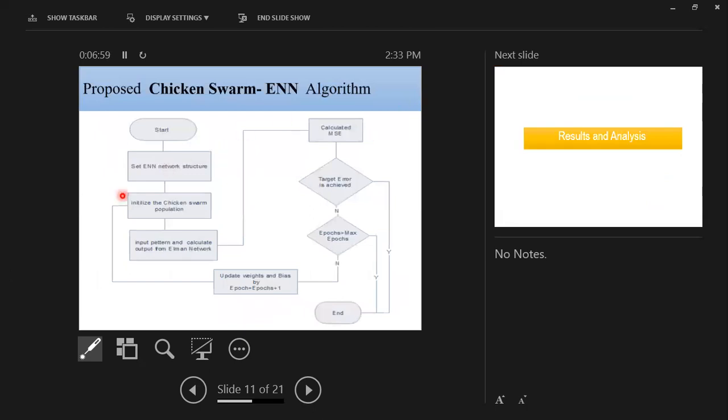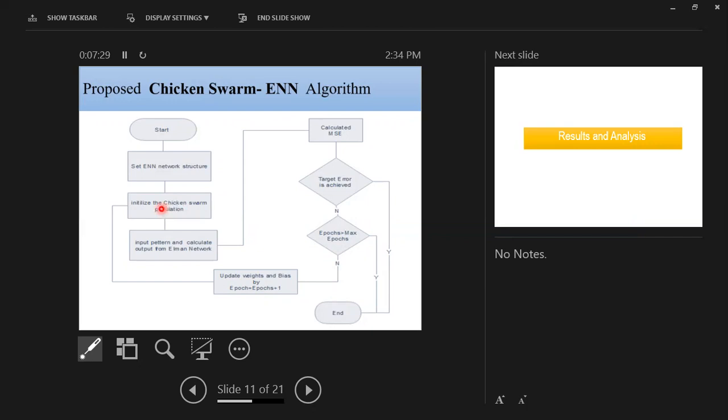This is the proposed model for the chicken swarm Elman neural network algorithm. It starts with the Elman neural network structure, and after that it initializes the swarm population, and then it updates the weights and biases. Epochs are started, and when the maximum epochs are reached, it will end.